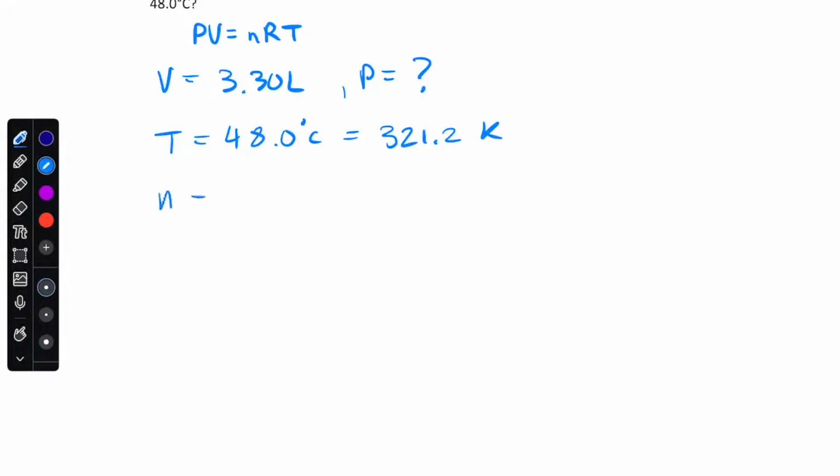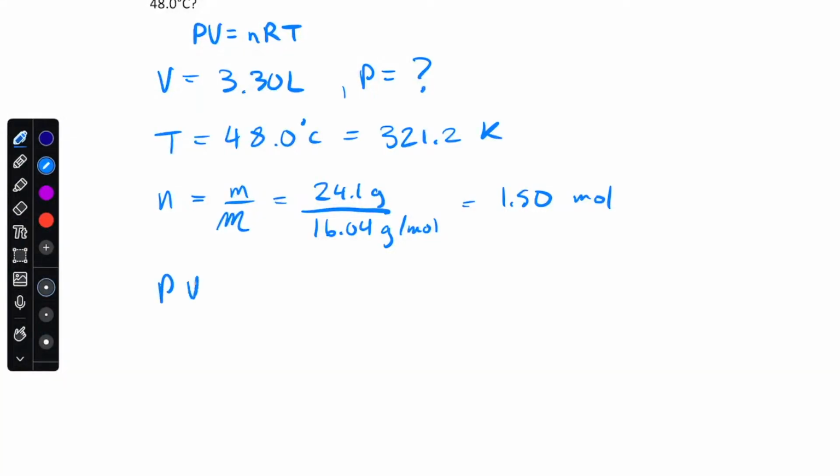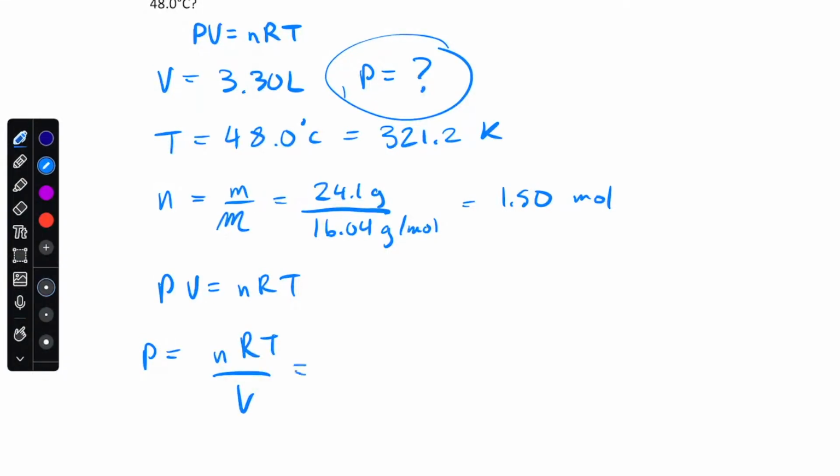And the moles we don't know, but we have mass, which we can convert to moles: 2.41 grams divided by 16.04 grams per mole equals 0.150 moles. So PV equals nRT. P is what we don't know, so P equals nRT over V.